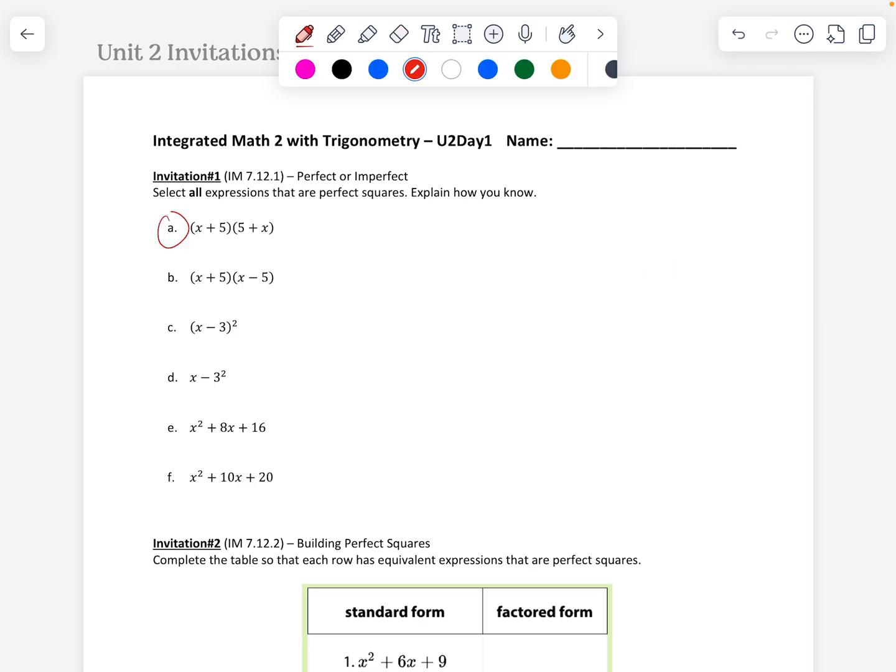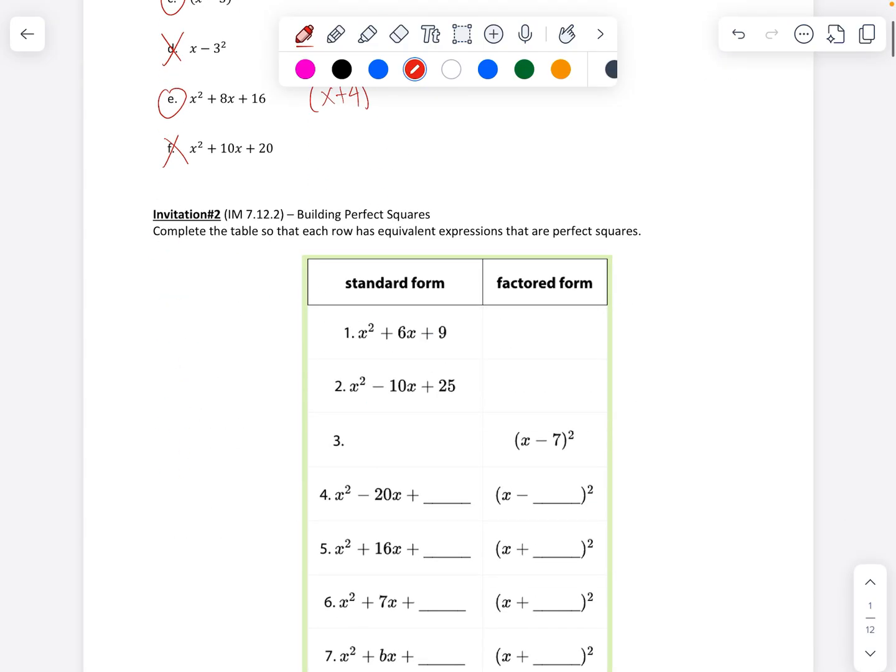So A is a perfect square because this is basically x plus 5 squared. B is not. C is. D is not. E is because if you factor it, you get x plus 4 squared, and you can square root that, and F is not. All right.